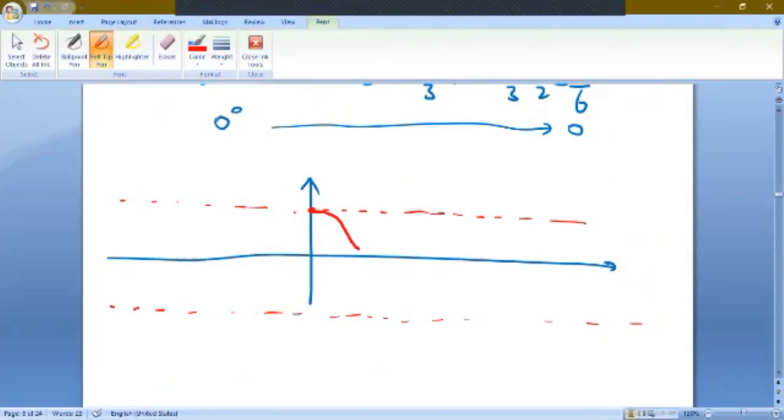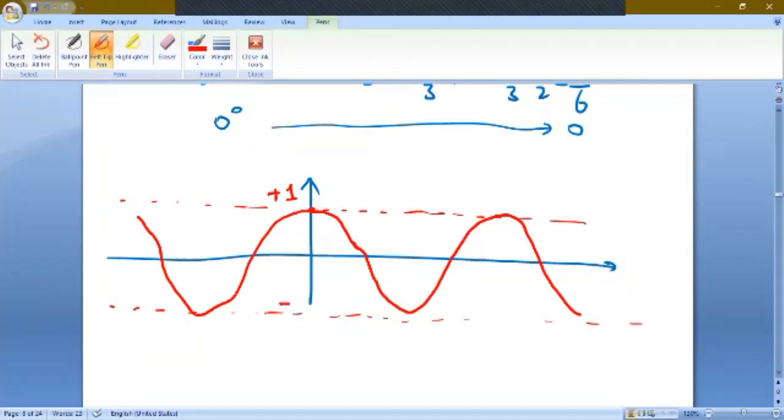It's 0 and then -1, +1, -1. So this is +1. This is -1. Of course, my picture isn't that nice, but you know what I'm talking about, I'm sure. So this point is pi over 2. This is pi. This is 3 pi over 2. This is 2 pi. So on and so forth.